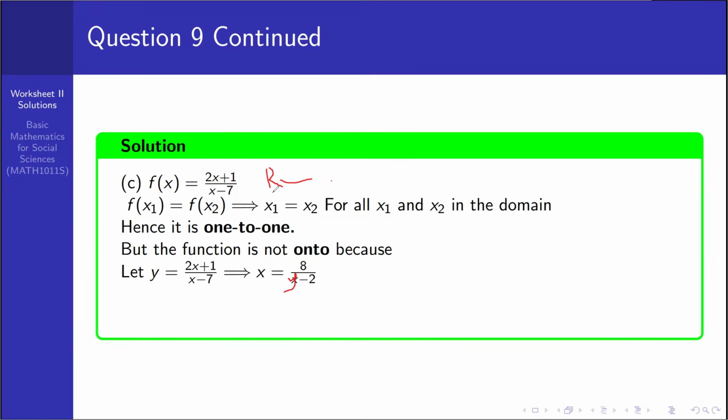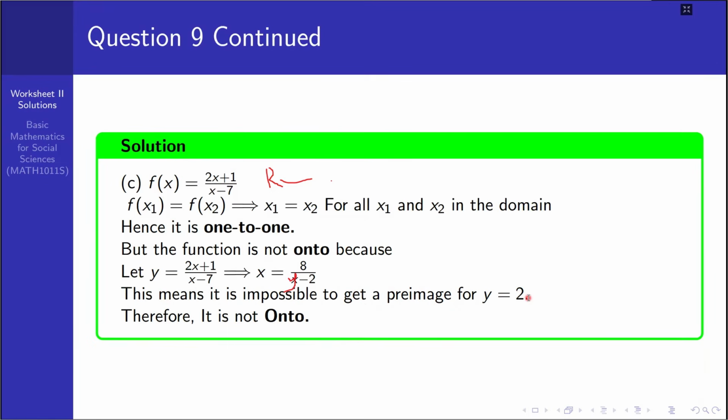Within the codomain of the given function, 2 cannot be the image of any real number. So in this case, the function cannot be an onto function. It is not onto. Therefore, it is impossible to get a pre-image for y equal to 2, so the function is not an onto function.